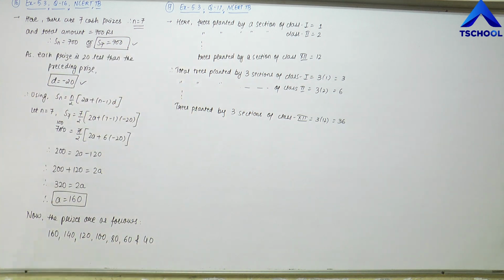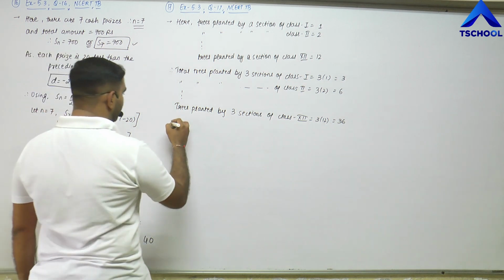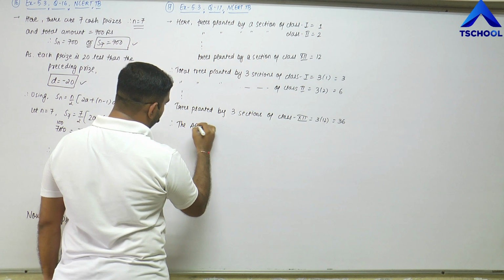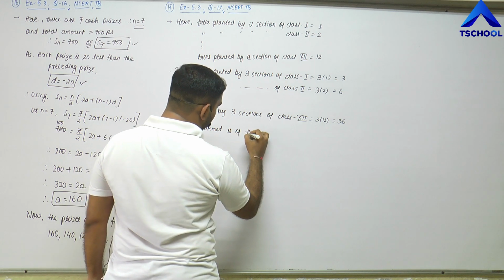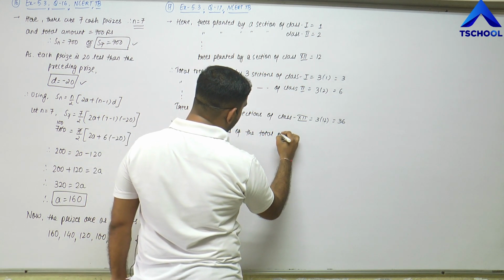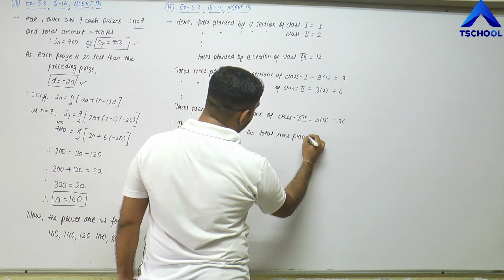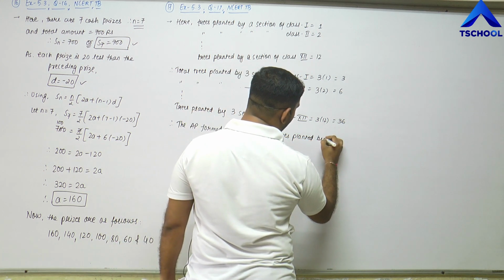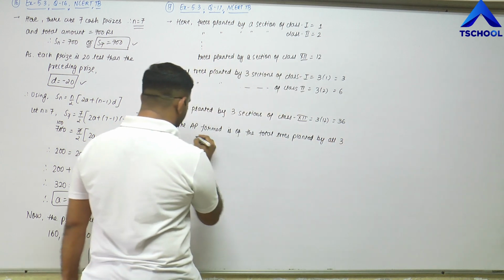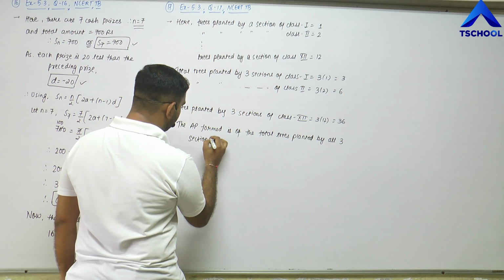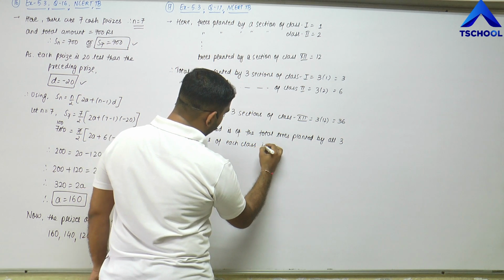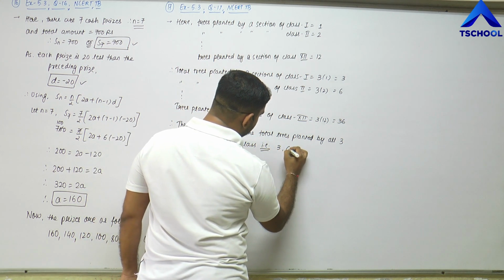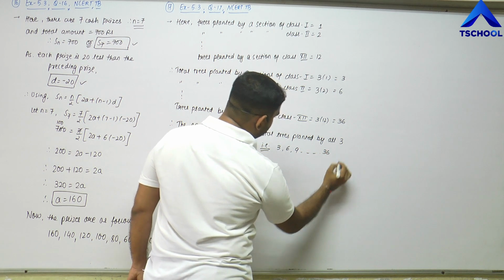So whenever we find out all the trees planted, at that time we come to a conclusion that the AP formed is of the total trees planted by all 3 sections of each class, that is 3, 6, 9 up to 36, right?